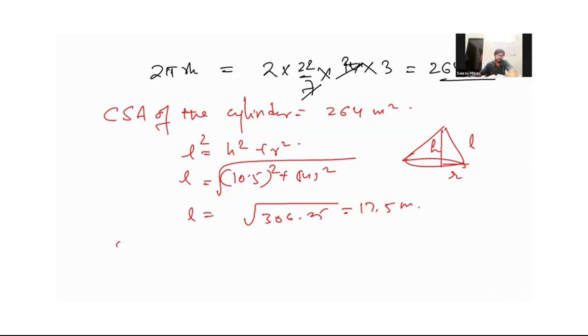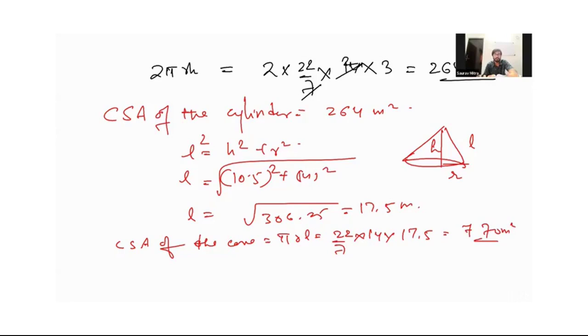Now we will find the curved surface area of the conical part. This will be pi RL, that means 22 by 7, R is 14 and L is 17.5. It comes out to be 770 meter square. Earlier we found the cylindrical part. Now we have to add them since we are going to paint this whole tent. Painting involves the curved surface area of the inside, we have to cover the whole area inside.